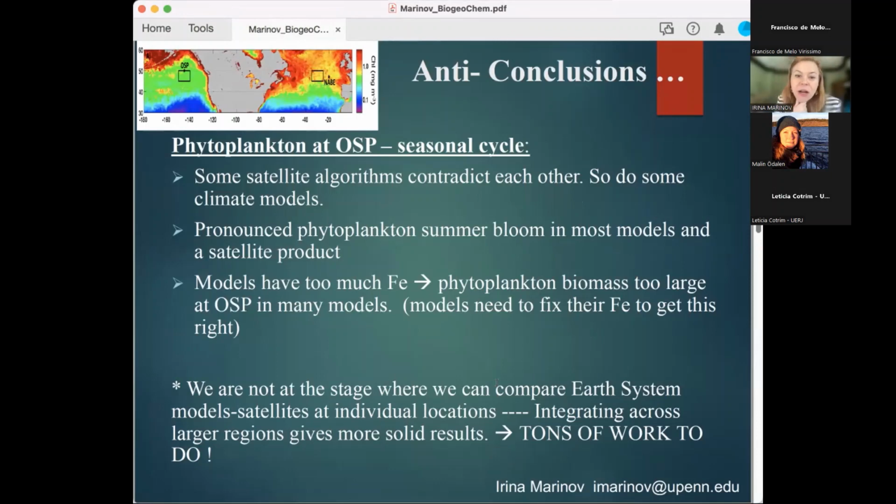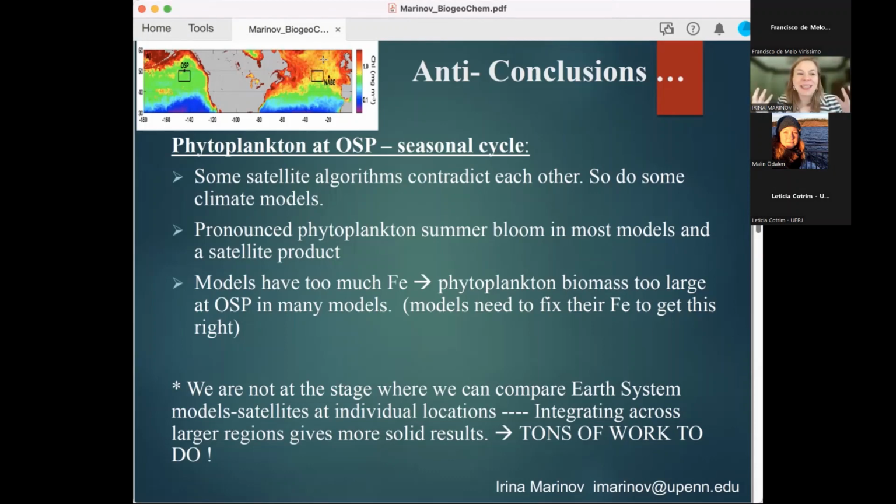And we see, for example, that all the CMIP6 models, and I have the same thing in the CMIP5 models, tend to have way too much iron, and therefore the phytoplankton biomass is too large at Ocean Station Papa.